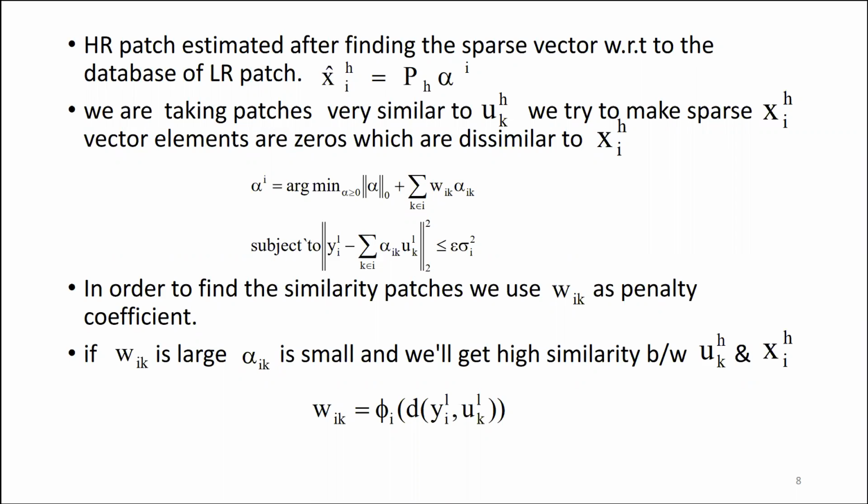The high resolution estimated patch can be found by the sparse vector alpha ik combination times the high resolution database set. Since we are taking the patches UkH very similar to XiH, we need to find the patches which are dissimilar to XiH.